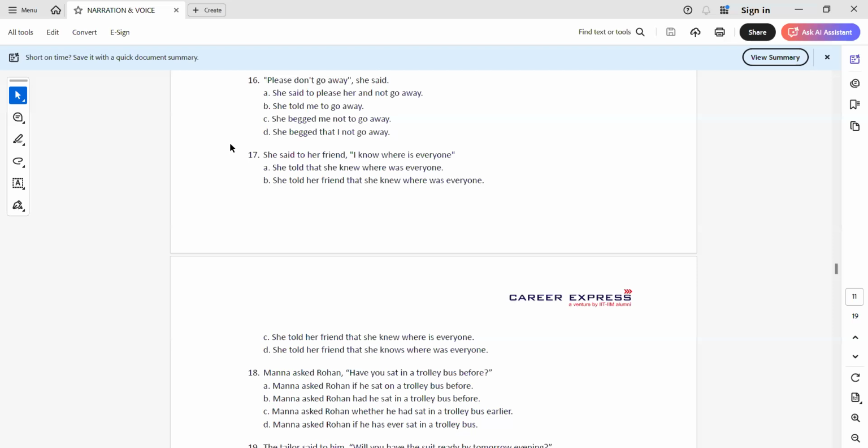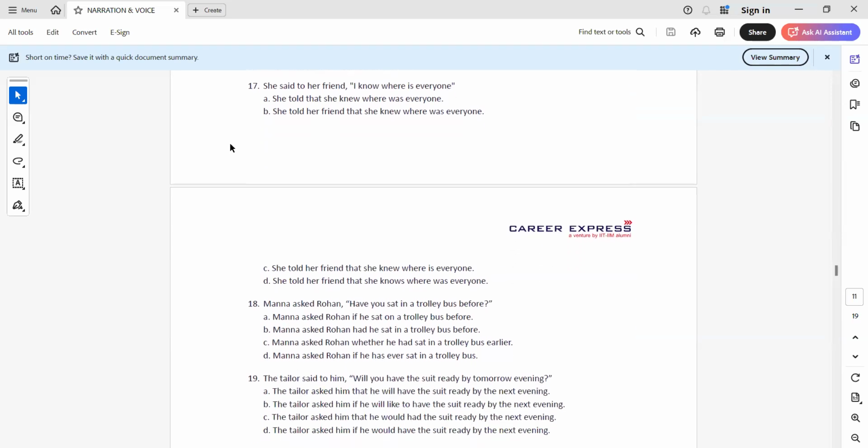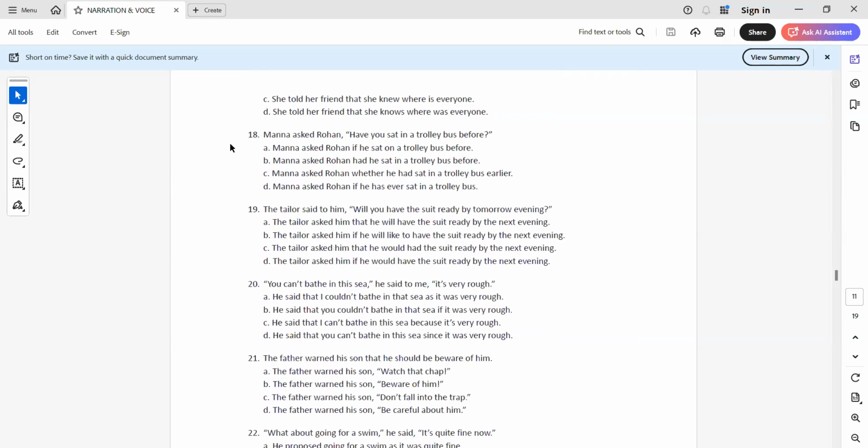She said to a friend, I know where everyone is. She told her friend that she knew where everyone was. Correct. Manna asked Rohan whether he had sat in a trolley bus earlier.